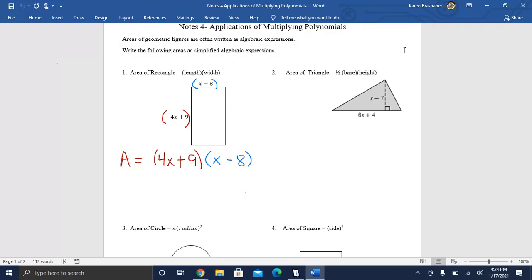So as we've been working on multiplying these binomials, we know that there are 4 multiplications, so we can set up a workspace for each one of those to take place.